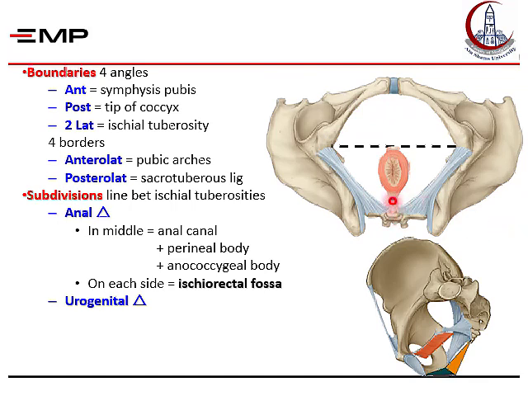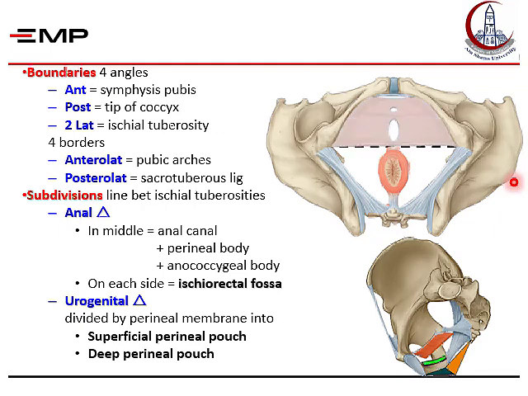Posteriorly, this is the anococcygeal body or the anococcygeal raphe, and anteriorly, this is called the perineal body. On each side, there is the ischiorectal fossa.